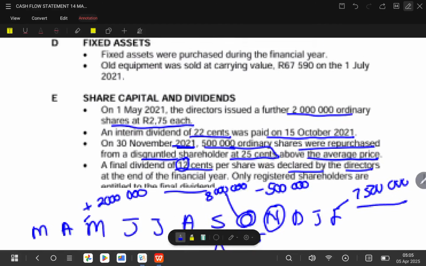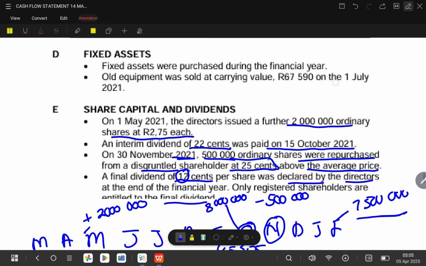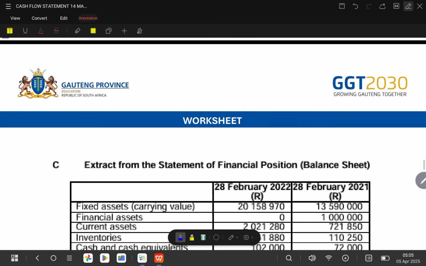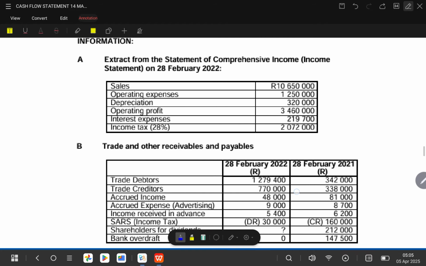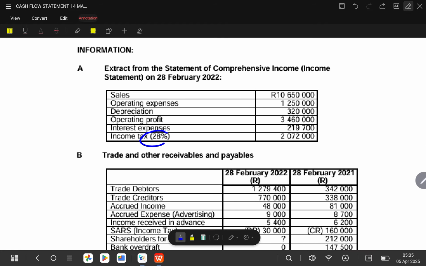Now the next information that we are given, I saw on the income statement there was something about income tax. They're saying that income tax is 28%, which means your after-tax figure is 100 minus 28, which is going to give you 72. Okay, let's test it so that I don't tell you guys lies.